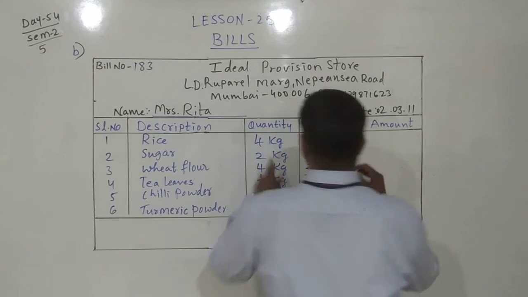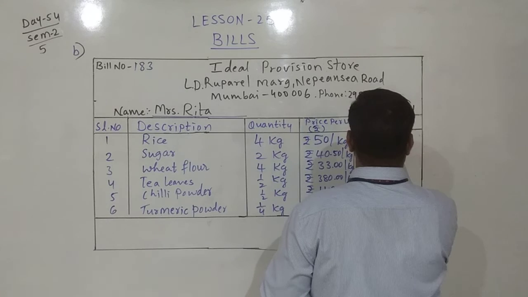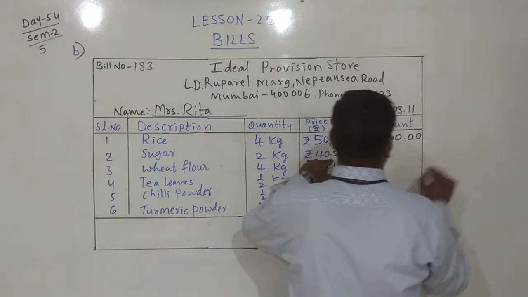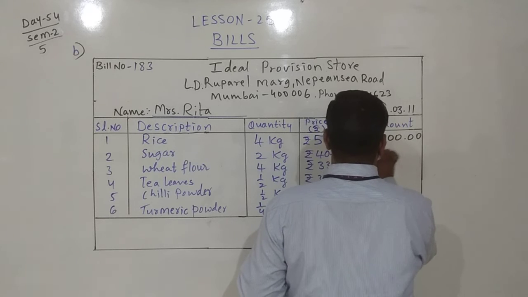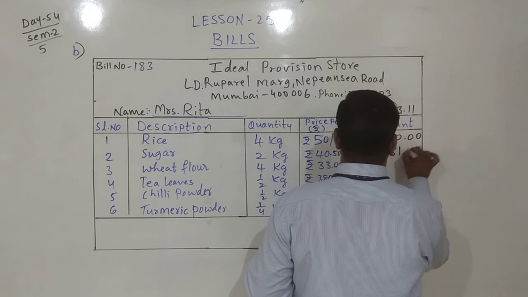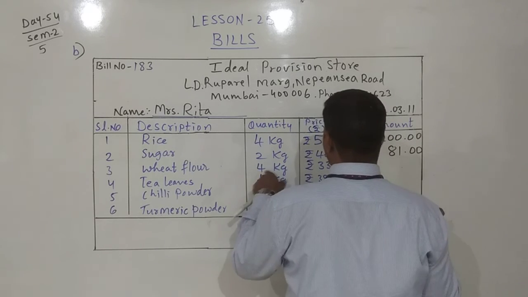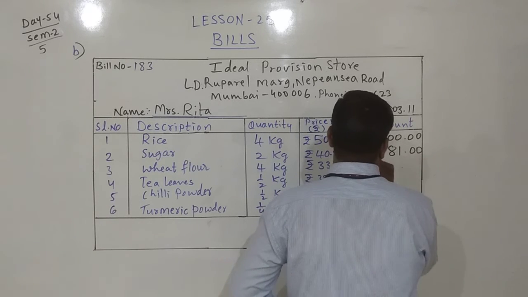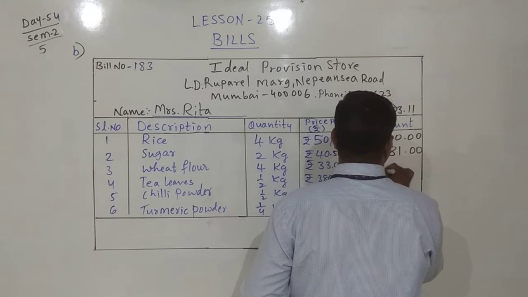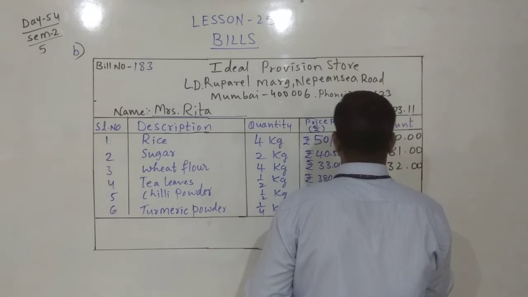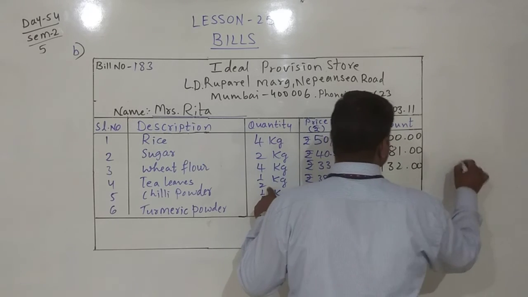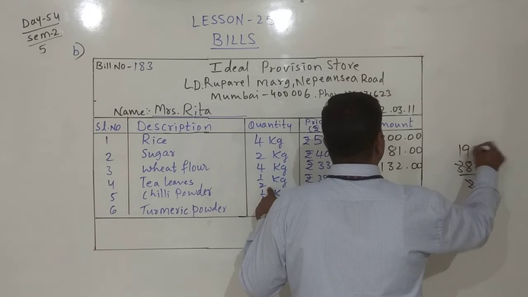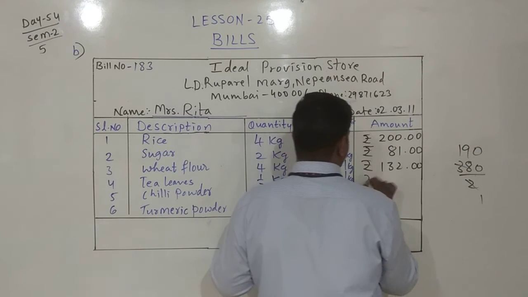Yes, 4 into 50, we can write 200 rupees. 2 into 40.50, that is 81 rupees. Yes, then 4 into 33, 4 3s are 12, 132.00. Next is half kg, 380 by 2. 2 ones are 2, 2 nines are 18, 190 rupees.